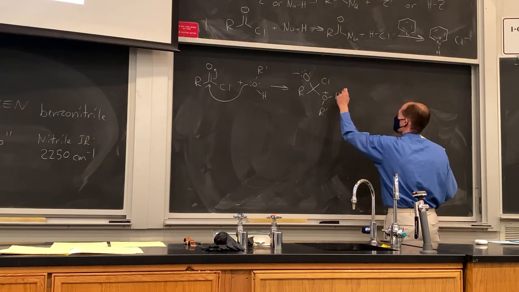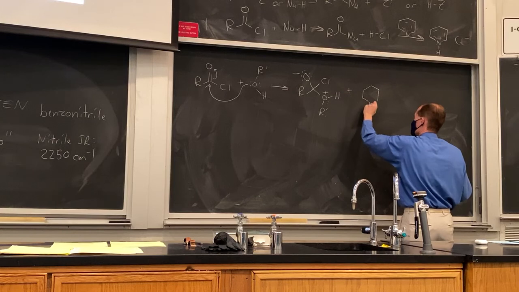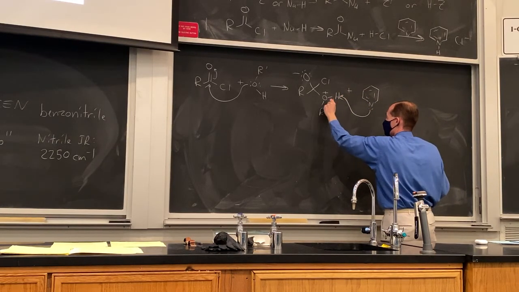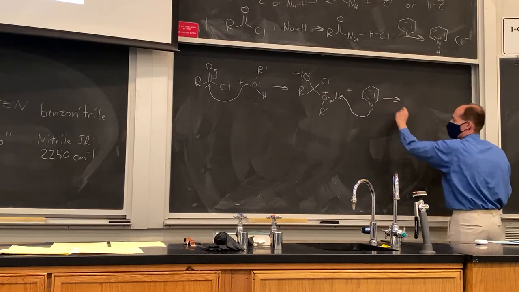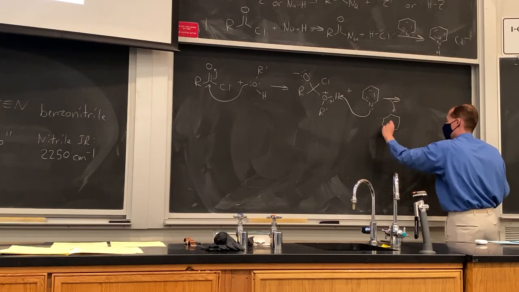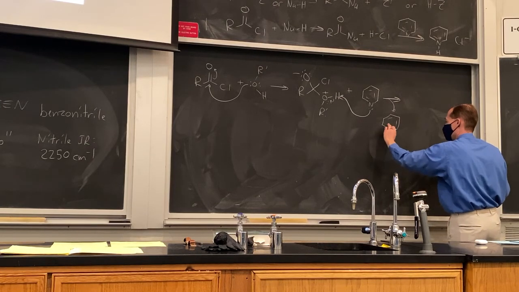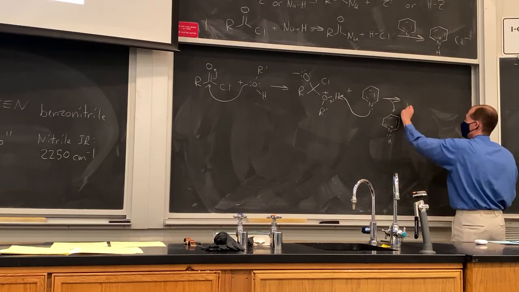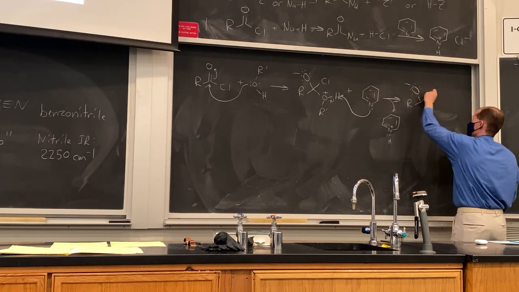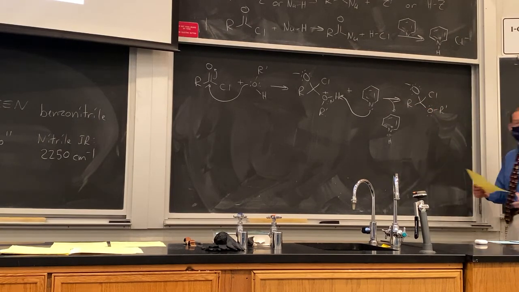So here's where we're going to do our proton transfer. Our pyridine is going to function as a weak base and deprotonate. So here we're generating the pyridinium ion. Okay, looking like this. So now we've made it to our tetrahedral intermediate.